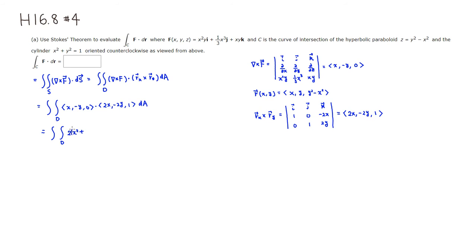I'll put the 2 outside, and then we can evaluate this using polar coordinates.